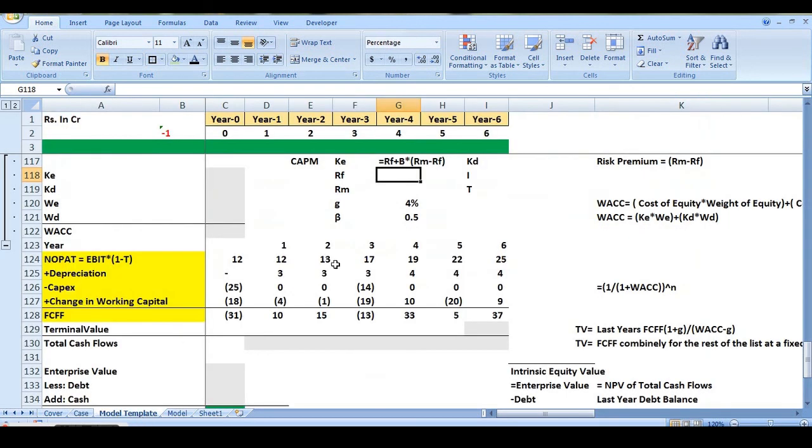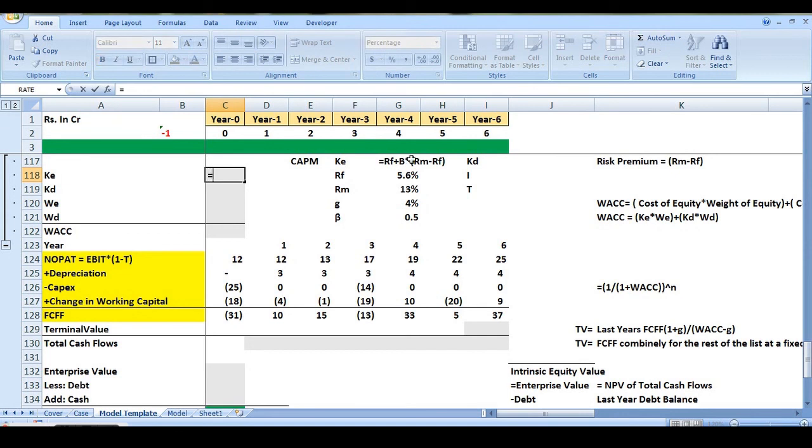So 5.6% is our risk-free return and market premium is 7%. Means market rate is equal to risk-free rate plus 7%, which is equal to 13%. So from that we can calculate cost of equity as per the CAPM model.